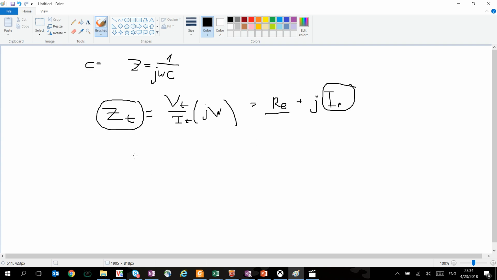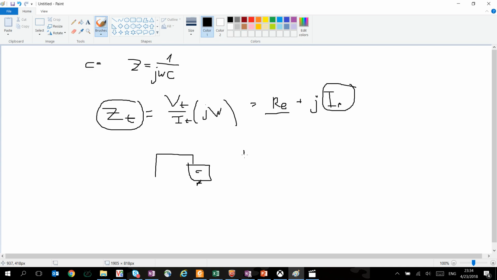real part. But if we want to measure just a capacitor, and we know we have a box and it has some capacitance C, we don't know what it is. So let's say we don't want to use the model for the inductor. We just want to measure the capacitance.